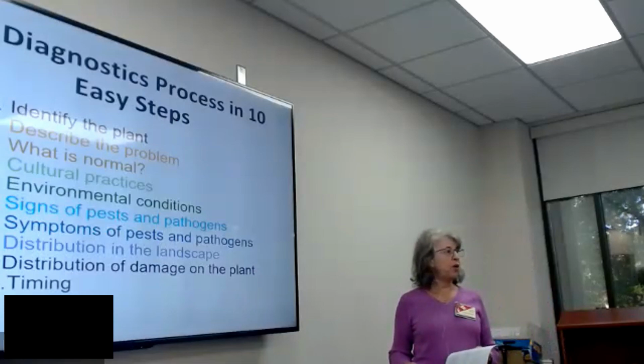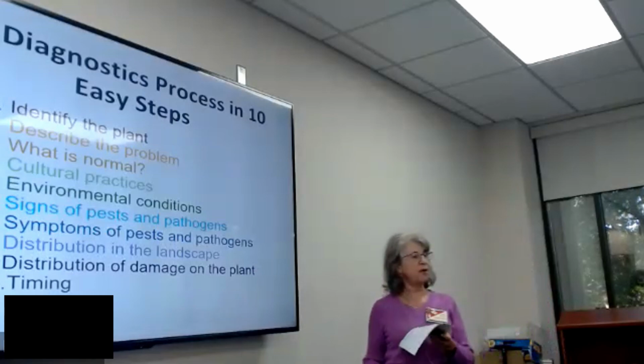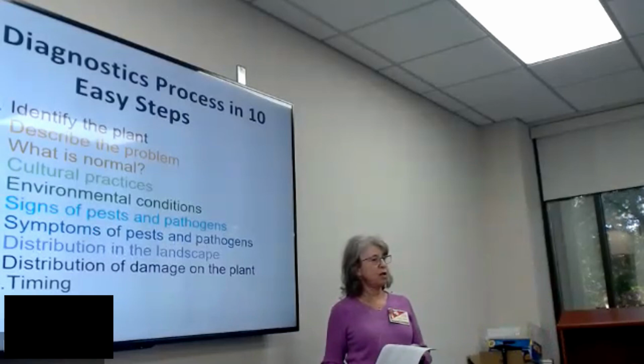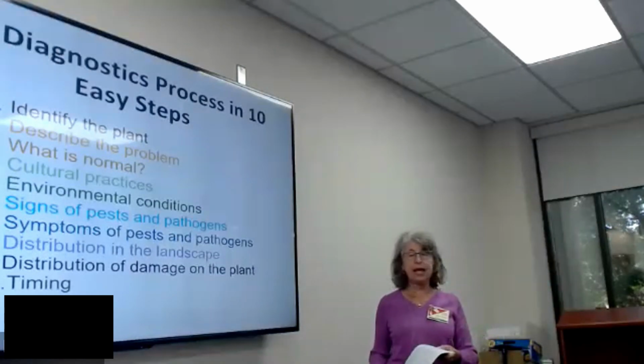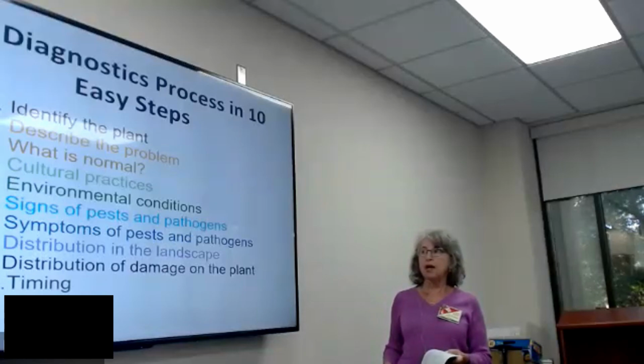Ask them questions about their cultural practices, what they have been doing. Ask about environmental conditions. This is something you might want to keep in your own mind: what the weather has been, what the climate's been doing, what happened a couple of months ago. Those are things that can still influence a plant today. So keep that in mind.